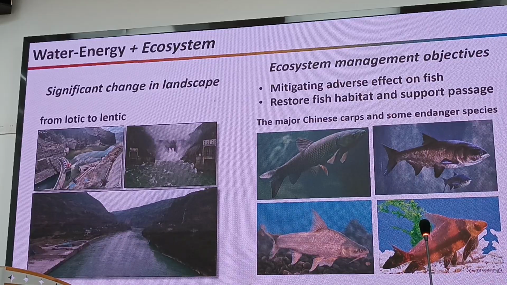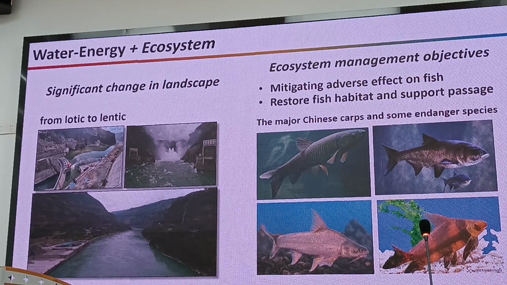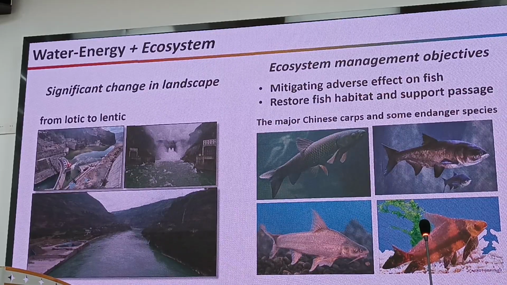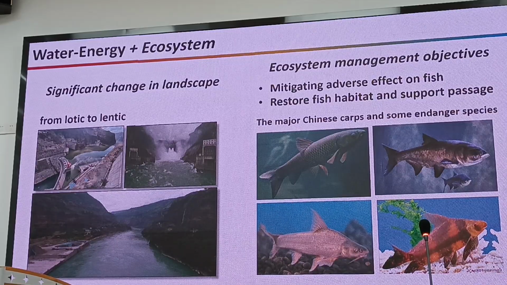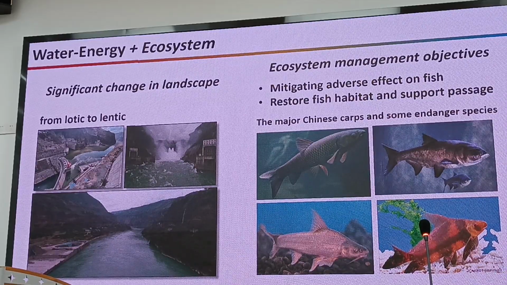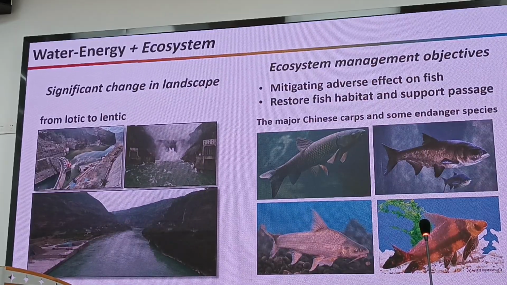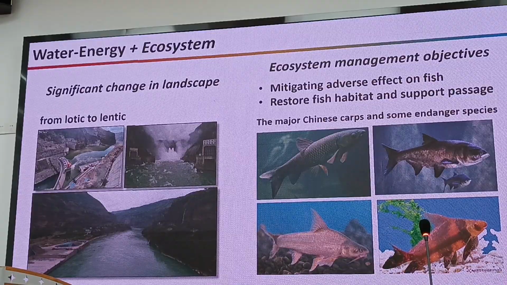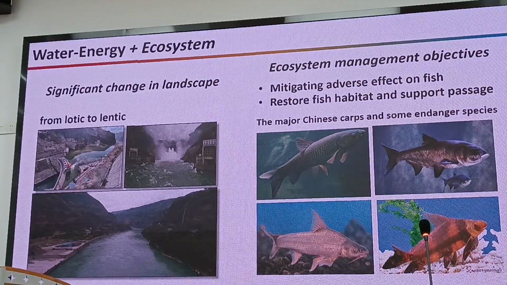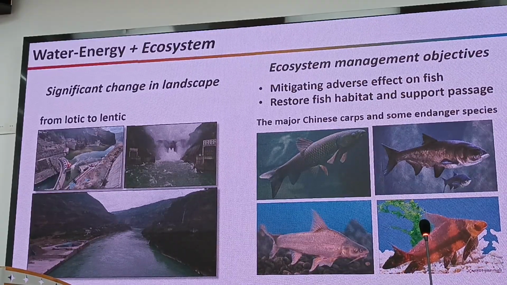And they are trying to think about mitigating adverse effects on fish species, restoring the fish habitat, and supporting the fish passage. We had a lecture on total dissolved gas. You still remember the lady, Professor Fong? They are doing research to mitigate the adverse effect of reservoir operation on the fish species.